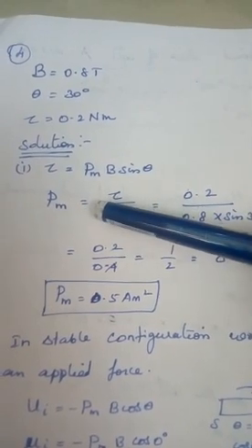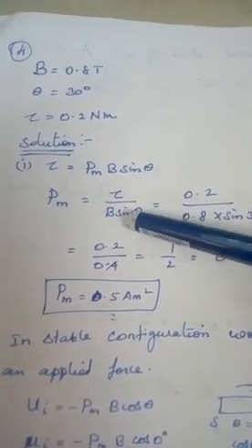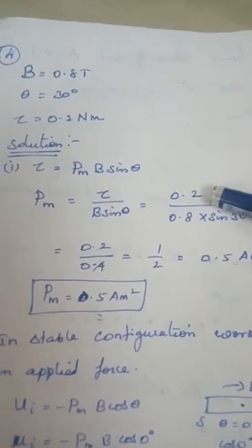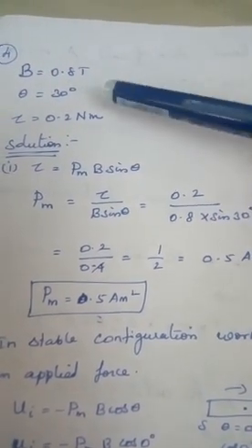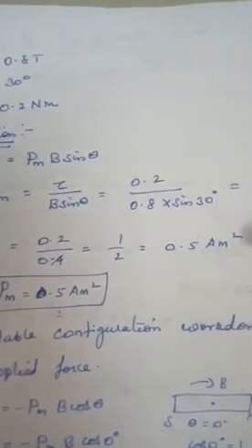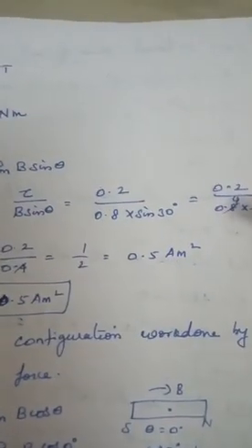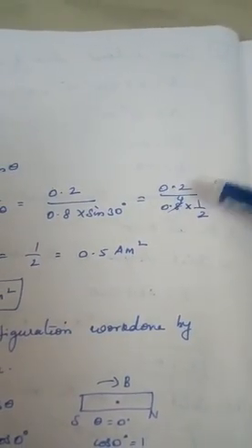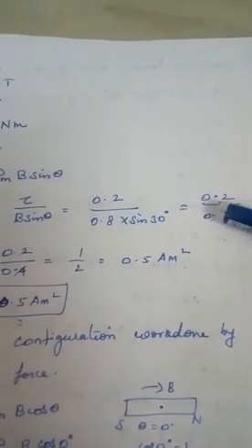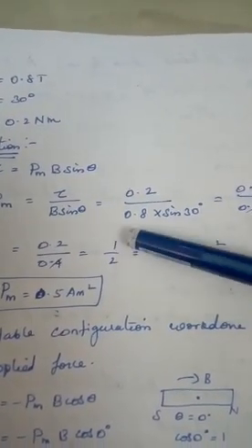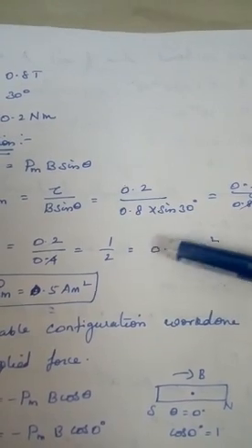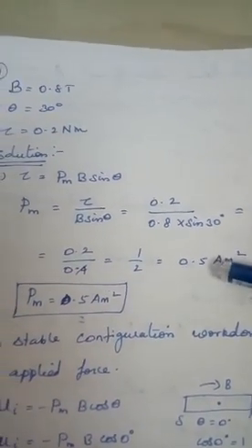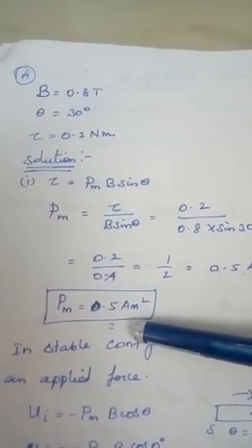PM is equal to tau divided by B sin theta. So 0.2 divided by 0.8 into sin 30, which is 1 by 2. Cancelling and simplifying, you get 0.5 ampere meter square. That is the magnetic moment value.